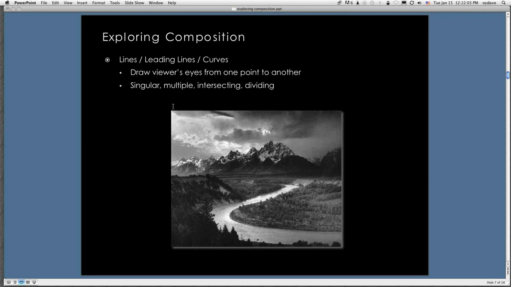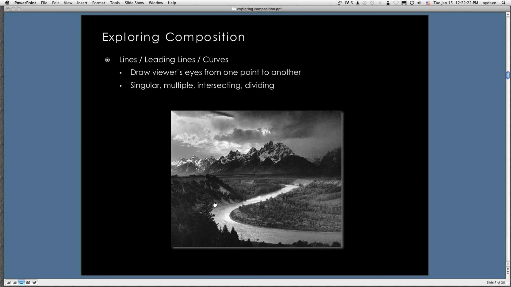Now, I'll take a different tack on this. Let's talk a little bit about leading lines. If you follow my cursor on the screen, you can certainly see that the river comes through and points to the end of the mountain range. And I think it's no accident that there's a convergence here.